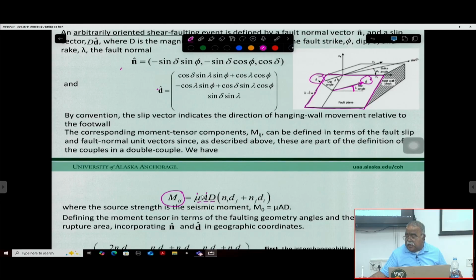The A is the area of the fault. With the unit vectors, nij basically means n dot d, right? So n dot d means nj di plus ni dj, right? So this is your n vector dot d vector.